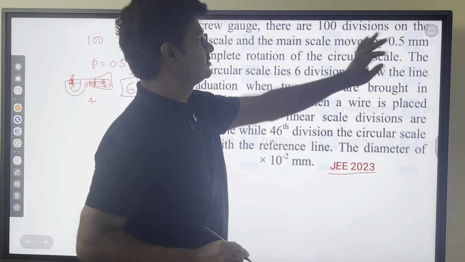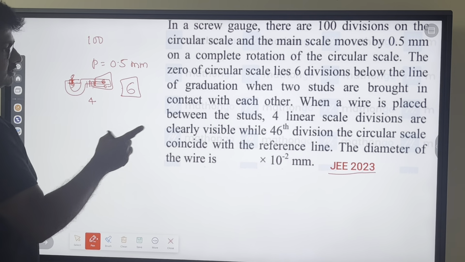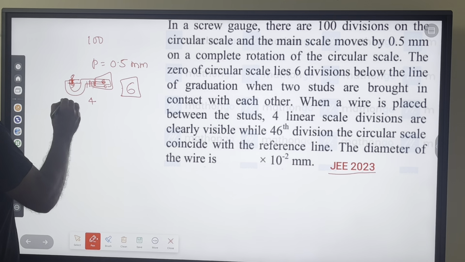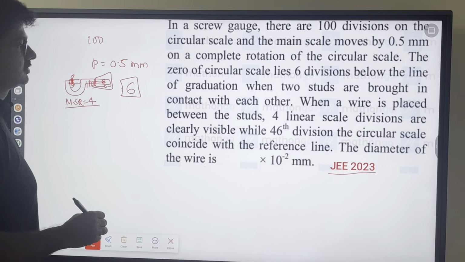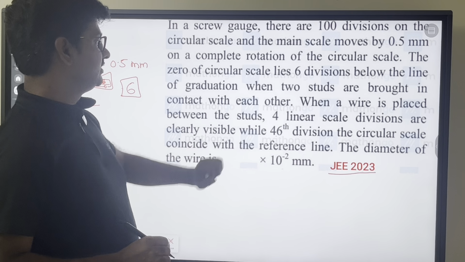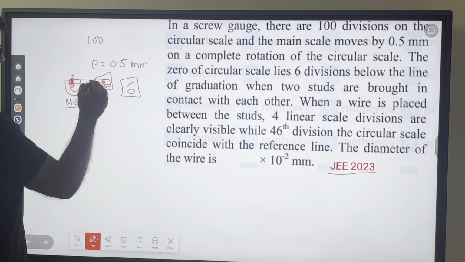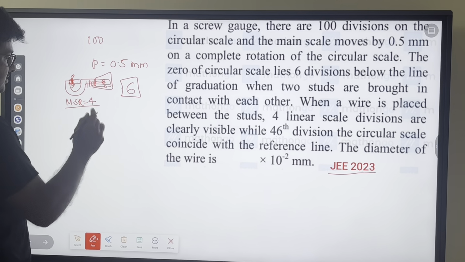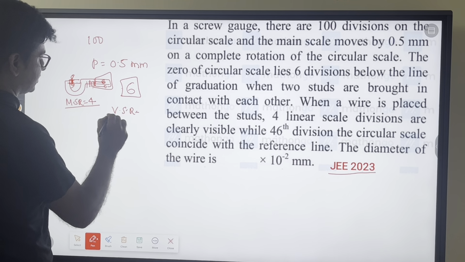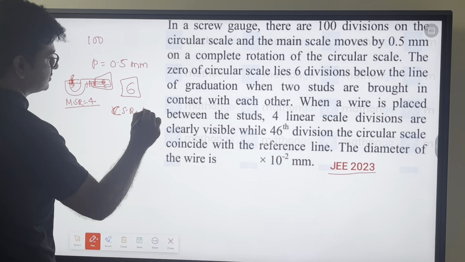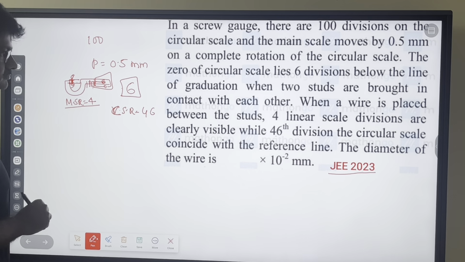Each division is 0.5 mm. So this is the main scale reading, it has 4. And after that the 46th division is coinciding. Here it is already 6, then from 6 it is moving to 40. So the circular scale reading is 46.